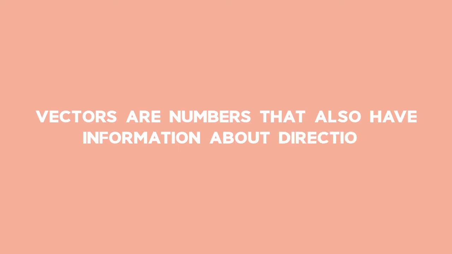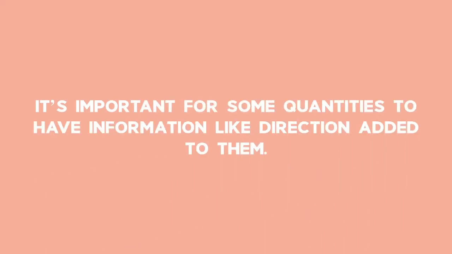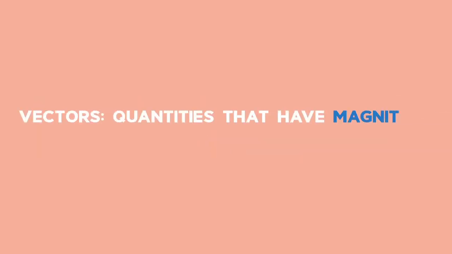Remember that vectors are numbers that also have information about direction. It's important for some quantities to have information like direction added to them. So, a vector is a thing we can measure that has both magnitude and direction.